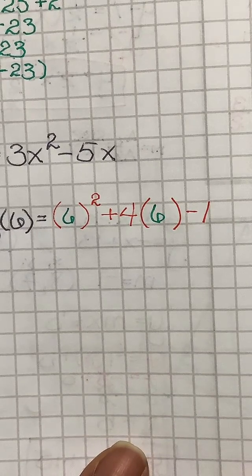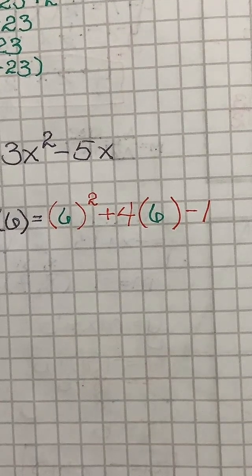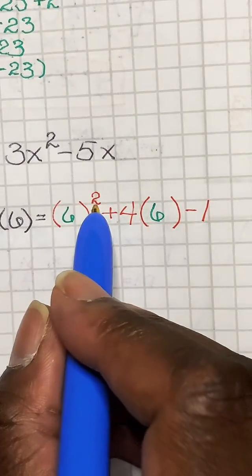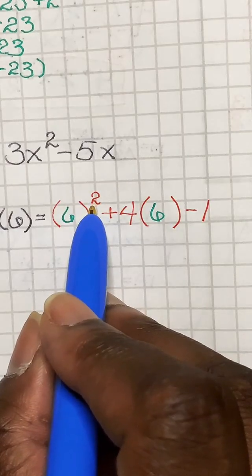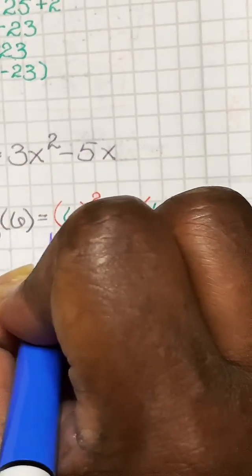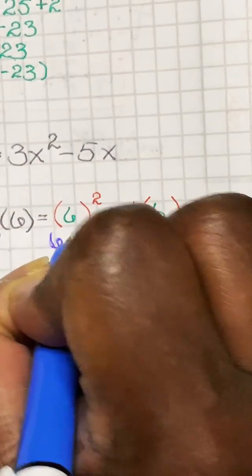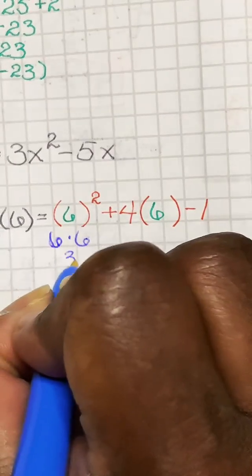All right. Okay, so let's take a gander. So we have 6 squared. Okay, 6 squared is not 12. 6 squared is 6 times 6, which in fact gives me 36.